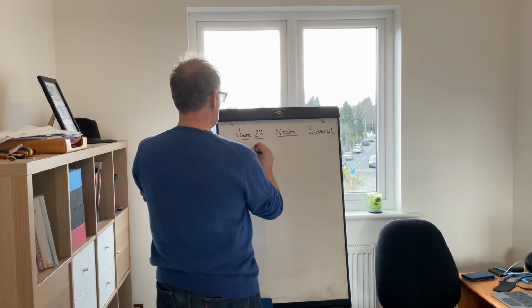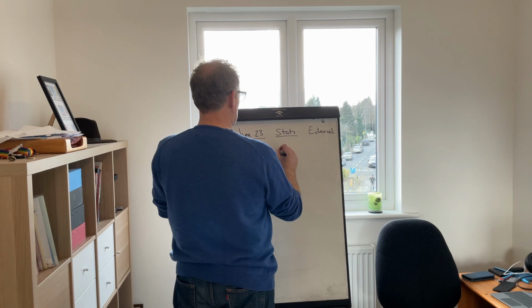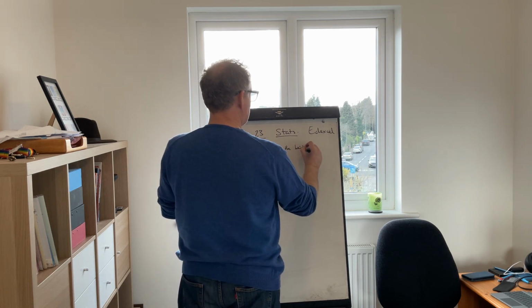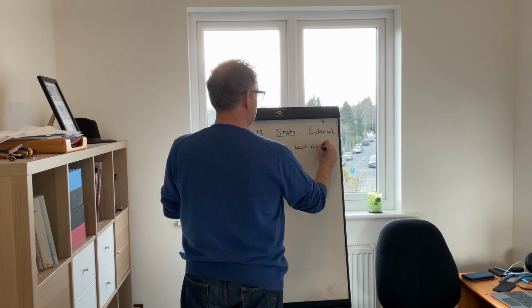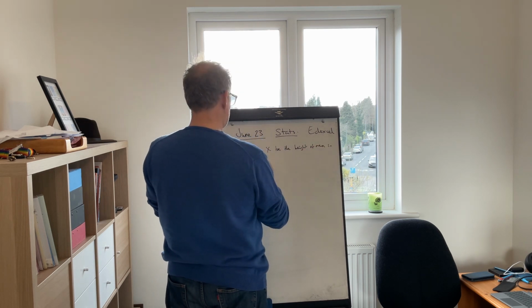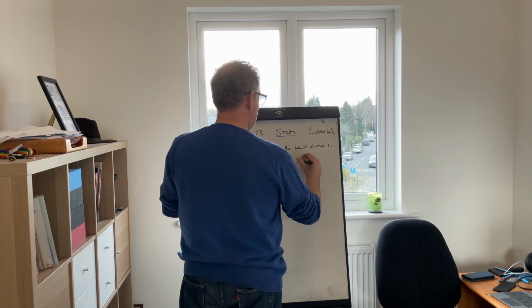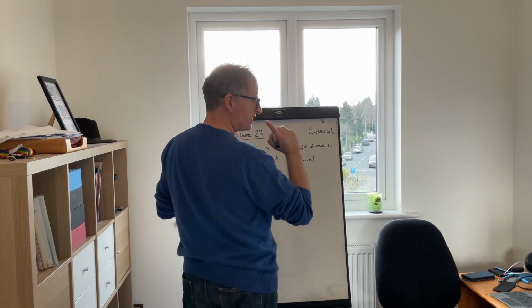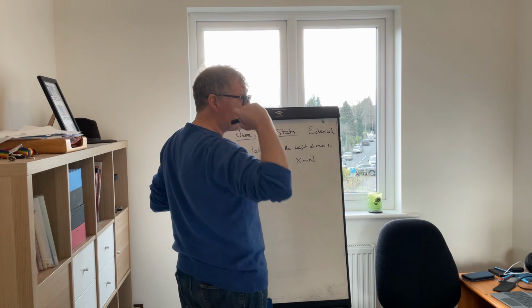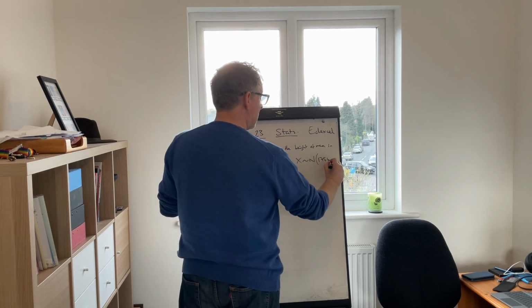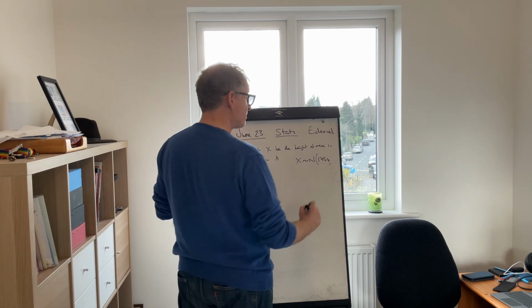So if we say let X be the height of men in region A, we've got X being normally distributed, it tells us it is, mean of 175.4 and a standard deviation of 6.8.